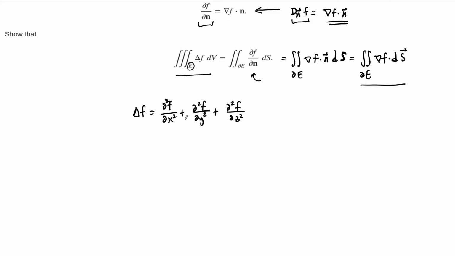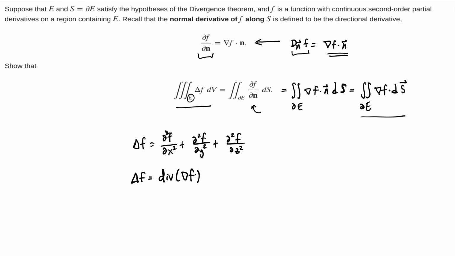So the Laplacian is the divergence of the gradient vector, and that is good to know because the divergence theorem, we know the hypotheses on the region itself are met, and now we actually have a divergence field if we write this function as a divergence.